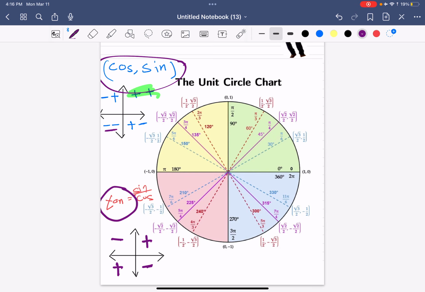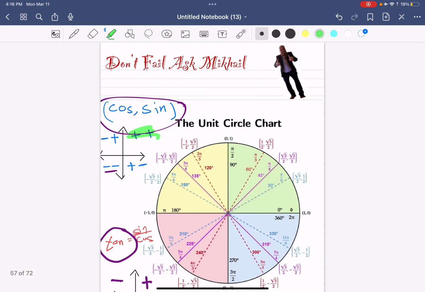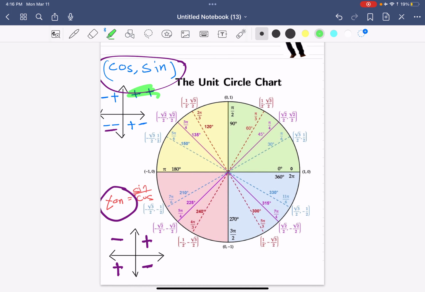We're going to have to go back to this. Example: sine negative 1 of radical 3 over 2. So now I'm looking for the angle. Which angle has a sine equal to radical 3 over 2? If I come back here, radical 3 over 2 is the cosine and sine for this angle here.